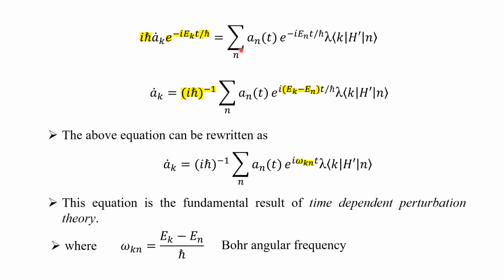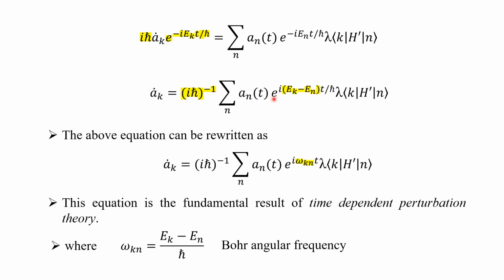Now, what we are going to do is bring all the terms to the right hand side except the ak dot. So, iħ will become iħ inverse, and e power minus iEk t over ħ will become e power plus iEk t over ħ. So you can rearrange the terms like this.